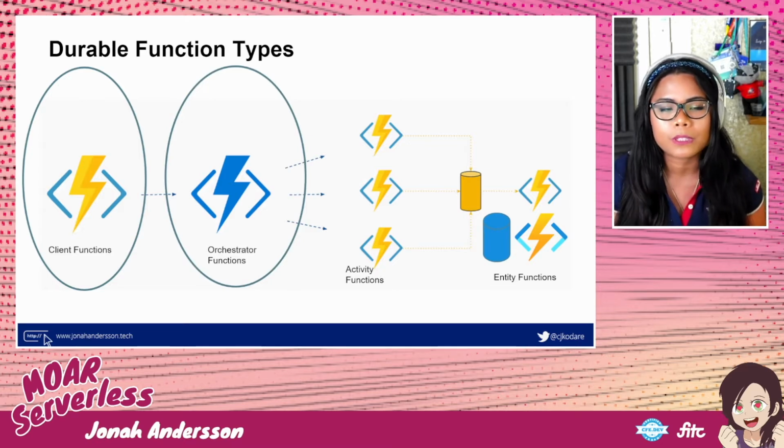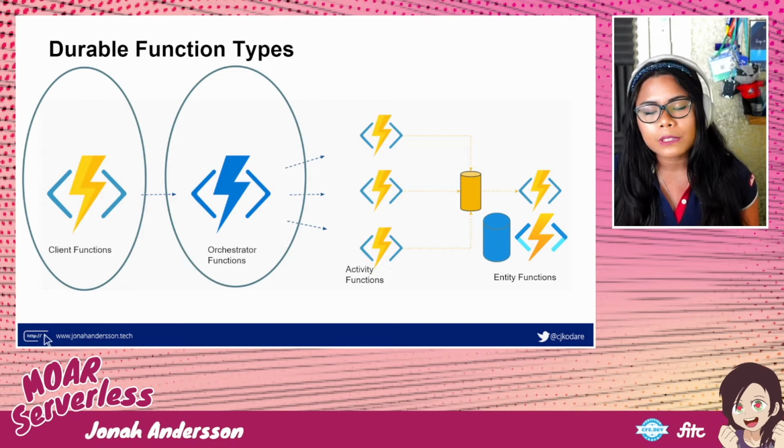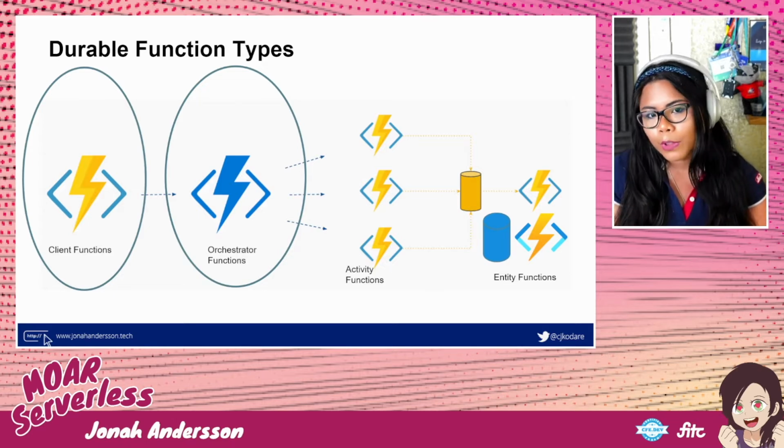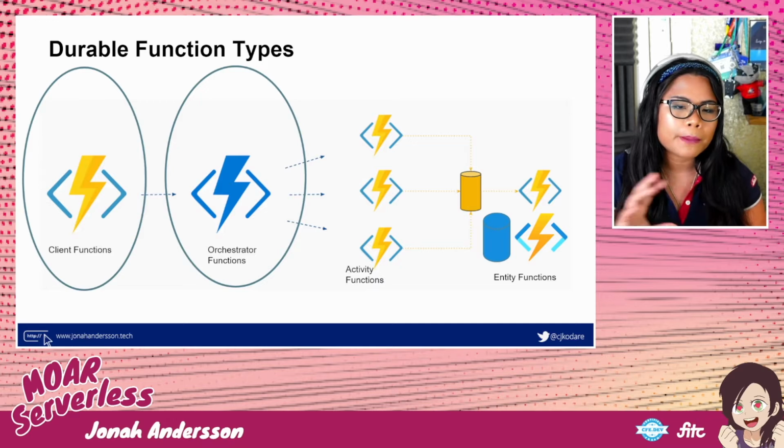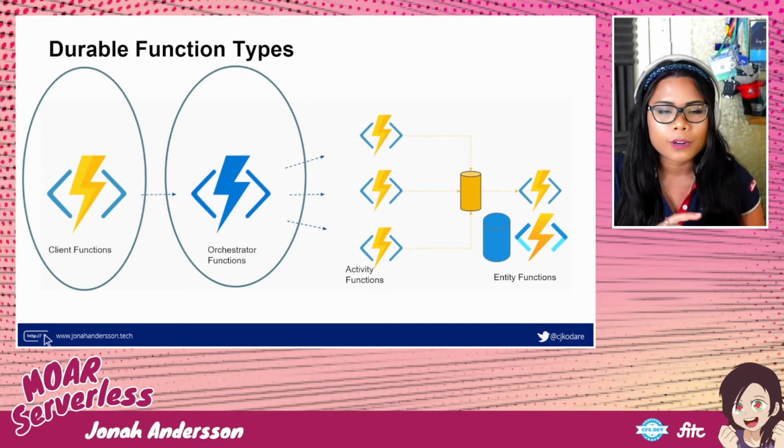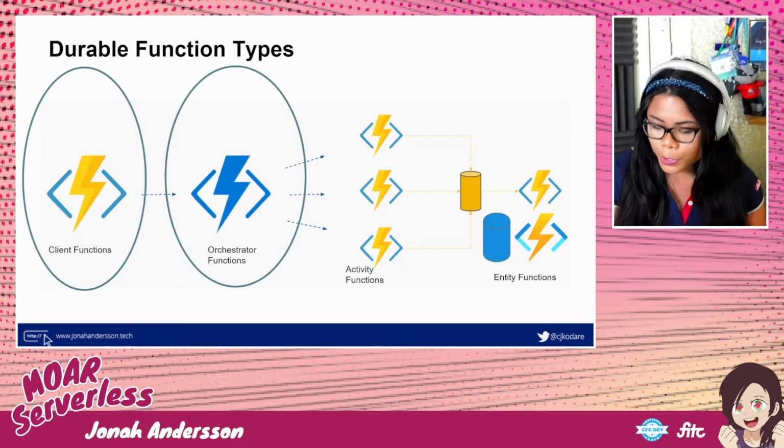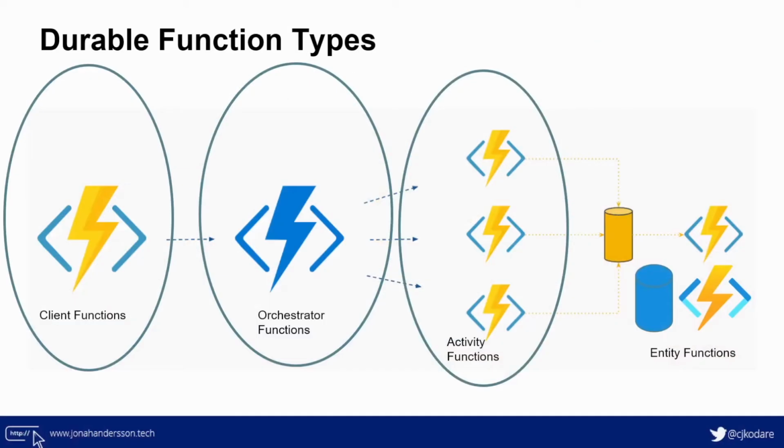It starts the orchestrator, and the orchestrator is where you write your workflow, depending on the type of pattern or things that you need to do for your activities. The activity functions are the basic unit of work or the task that you need to do, for example, send email or get data from the database, or any specific task that you want to do based on how you authored your workflow.